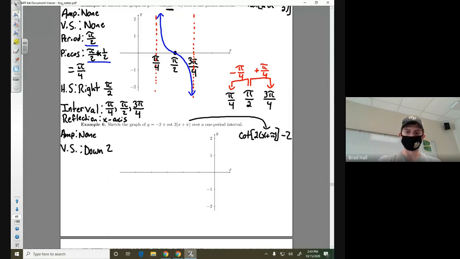And so, the period. For tangent and cotangent, the period is normally pi, but then we have to divide by whatever's multiplying the x. So that's 2. The 2 is factored out for us already.